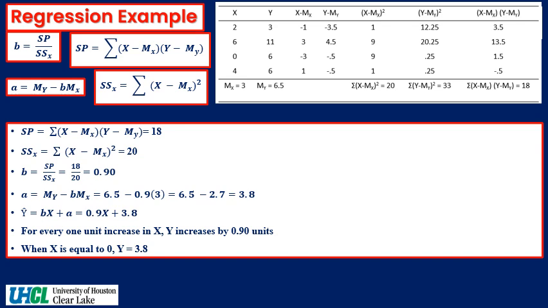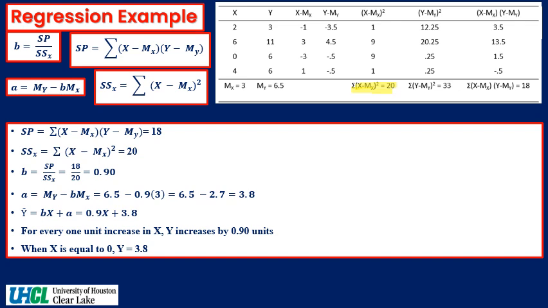Then you take x minus M sub x and square it, because we don't need these negatives in here. So 1 times 1 gives me 1. 3 times 3 gives me 9. And negative 3 times negative 3 also gives me 9. We've gone ahead and summed it up down here because that makes it easier when we do our calculations.